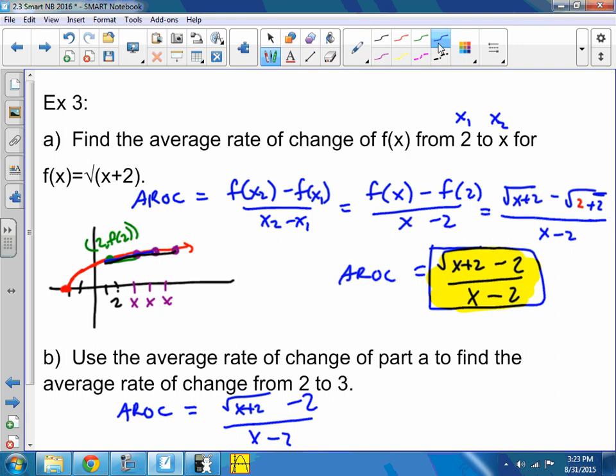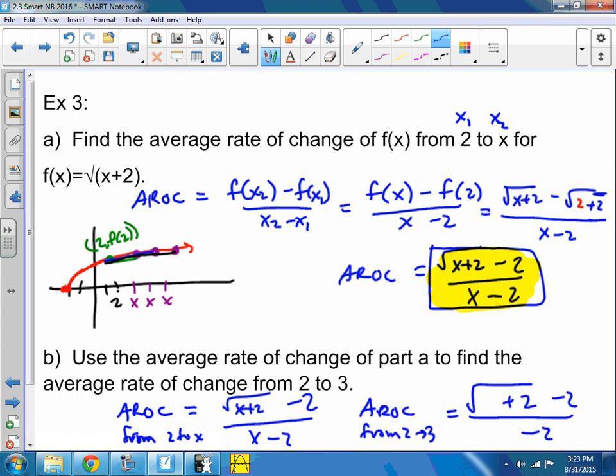Okay, so if we're going from 2 to x, we're going to use this formula. If we're going from 2 to 3, we're going to plug in 3. So instead of square root of x plus 2 minus 2 all over x minus 2, we're going to plug in 3 for that. And this is now finally numerical, of course.